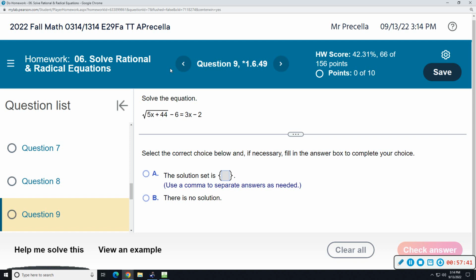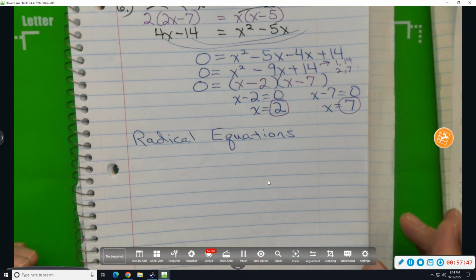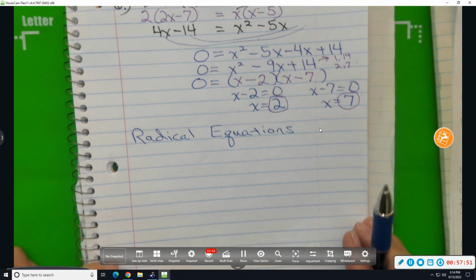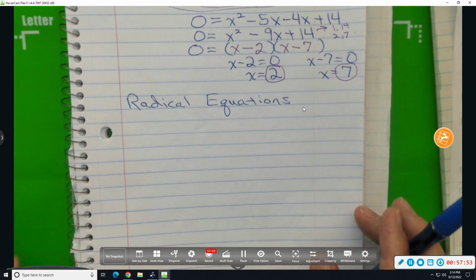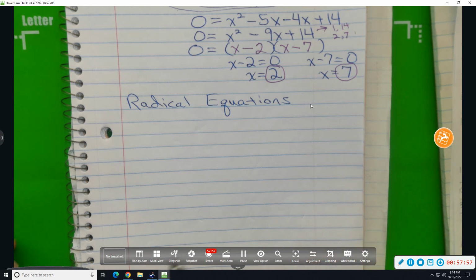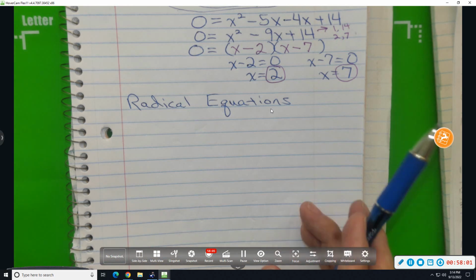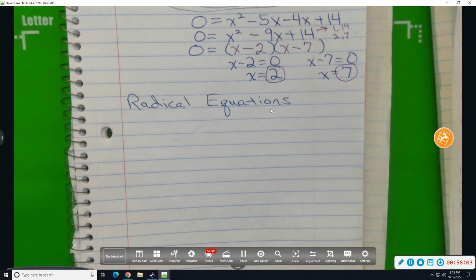Before we go on, I want to point out something. There is a problem with how we're going to solve square root equations. We're going to have to be checking our answers, and I'll tell you why. The approach will be, if you want to get rid of a square root, you square both sides.